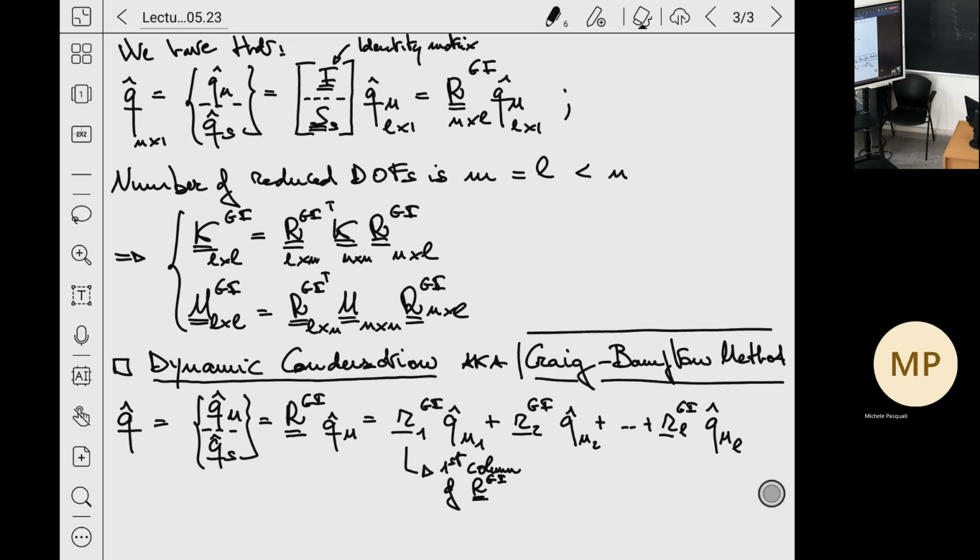So you can think of the column vector R, R1, R2, R3, as the shape functions which are associated to the master coordinate x or epsilon, whatever, when that coordinate has a value of 1.